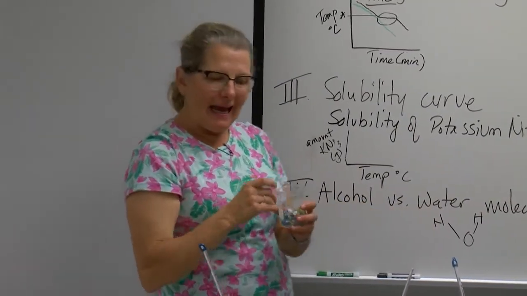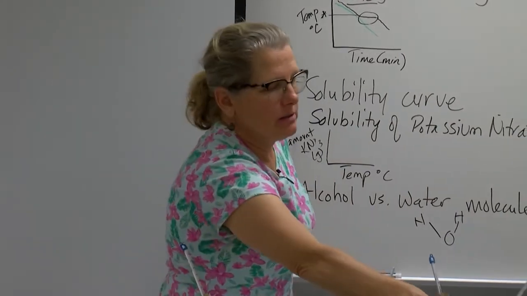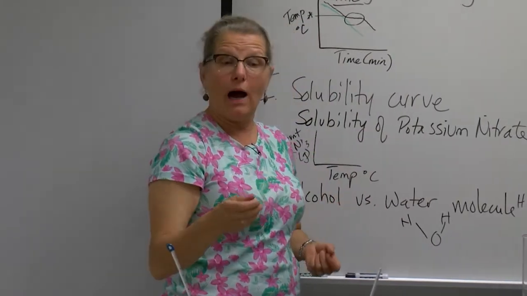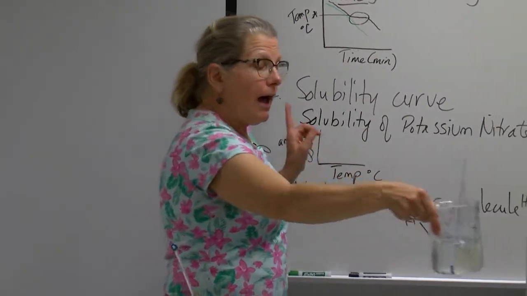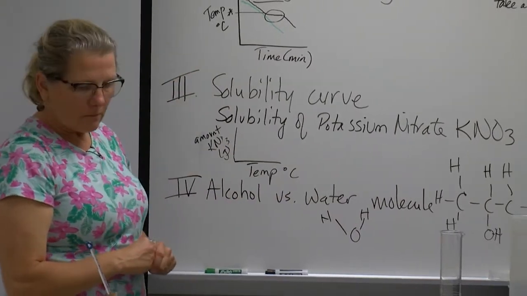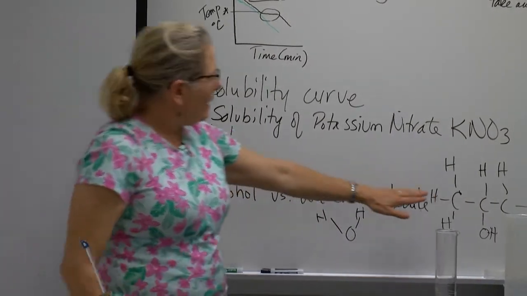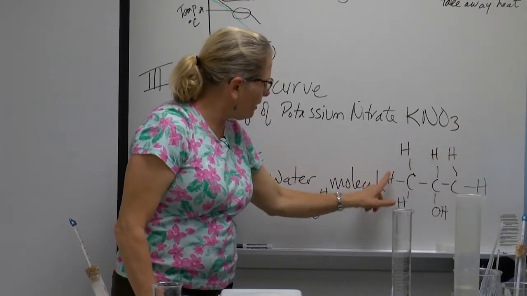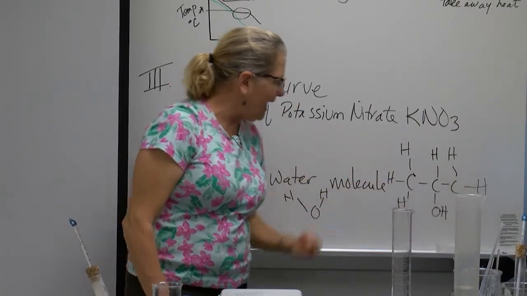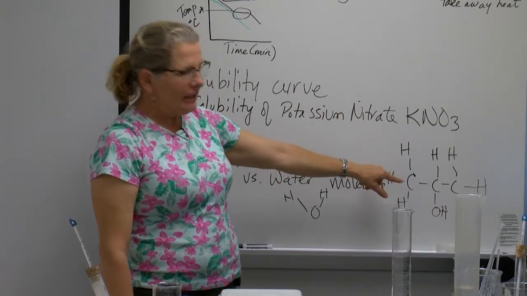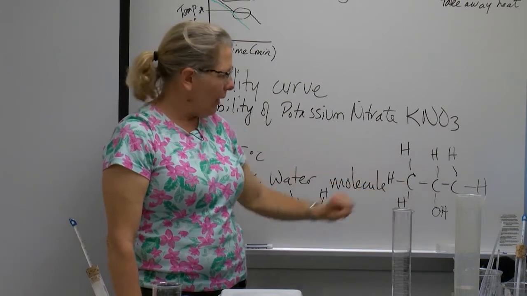Water is made up of 2 hydrogens and 1 oxygen. That is what makes up a molecule of water. Alcohol, this particular alcohol that's in the question, is C3H7OH.